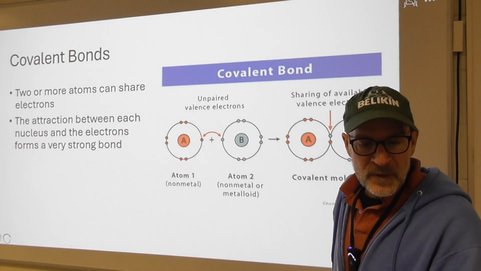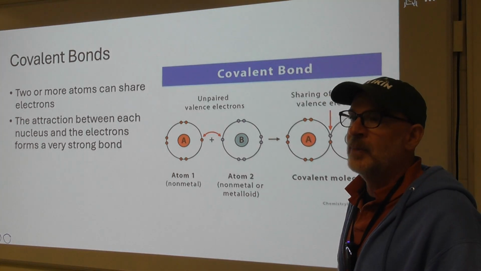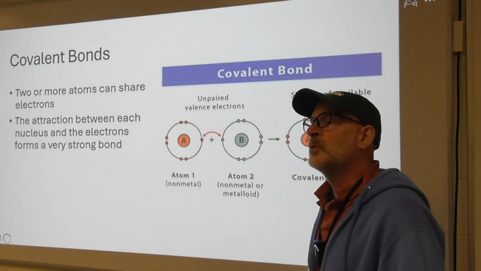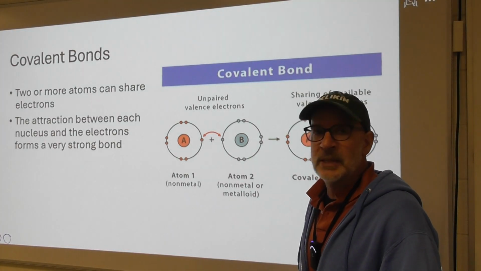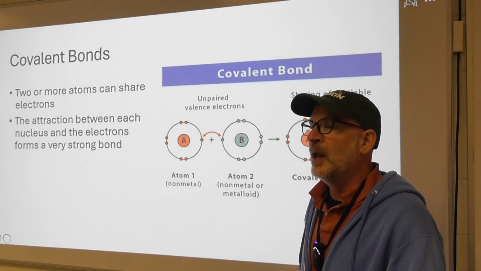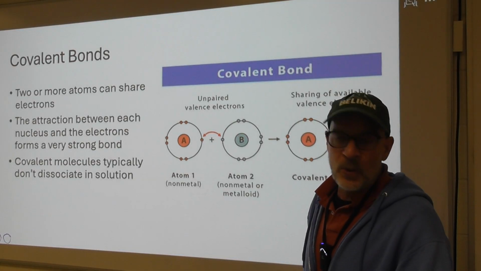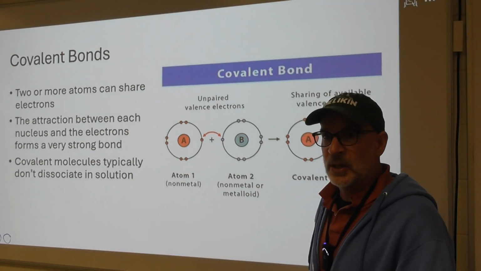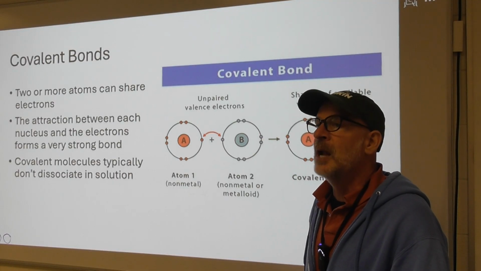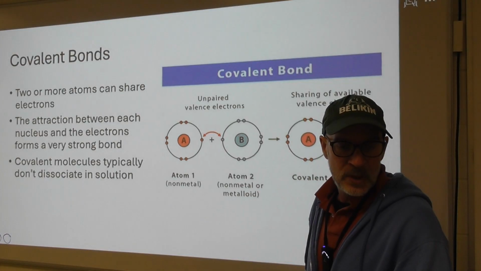And those attractions are still electromagnetic in nature, but because the electron or electrons haven't fully moved from one atom to another, we don't have ions, so they don't dissociate in solution. So you can dissolve covalent molecules, like you can take sugar and mix it in with water, it'll dissolve, but it's not dissociating the way that ionic compounds do.